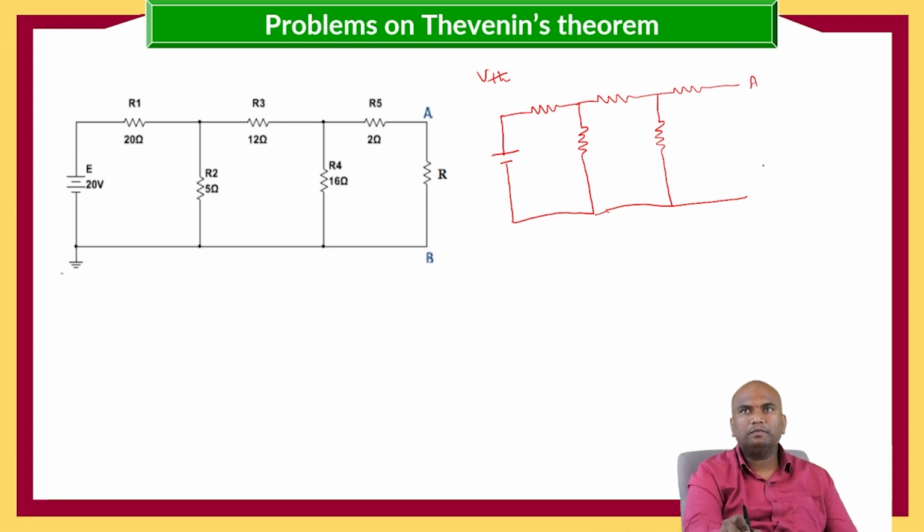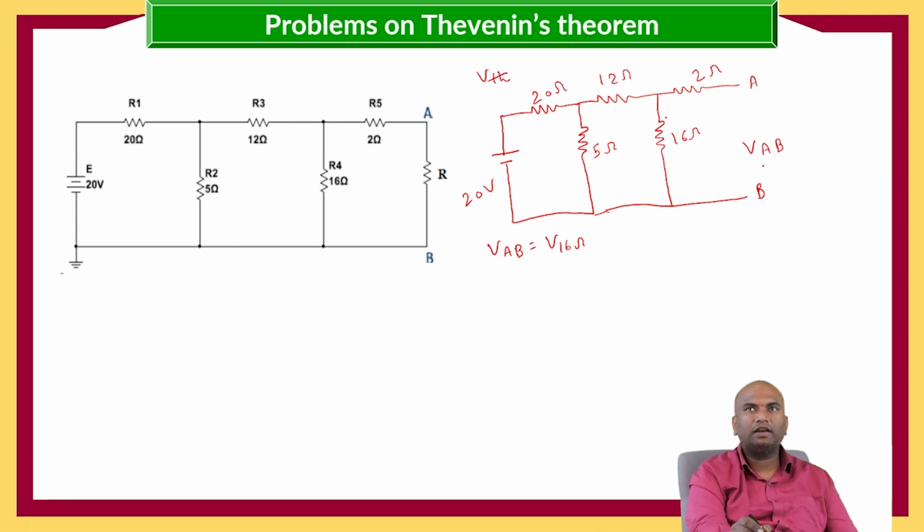A, B. VAB we need to calculate. That is equal to here 20 volts, 20 ohms, 5 ohms, 12 ohms, 16 ohms, 2 ohms. Here VAB is nothing but the voltage across 16 ohms.